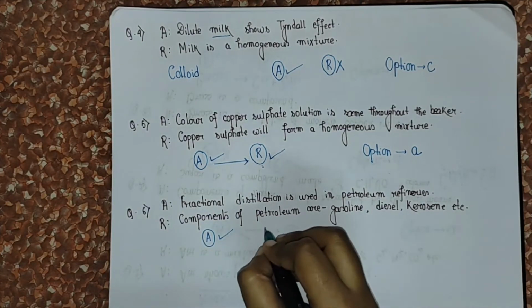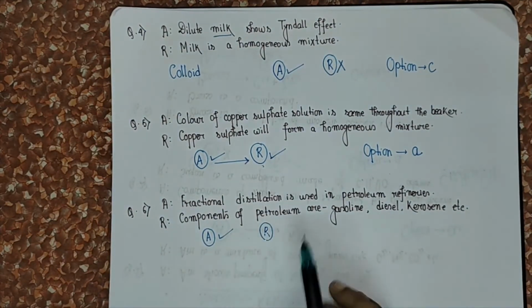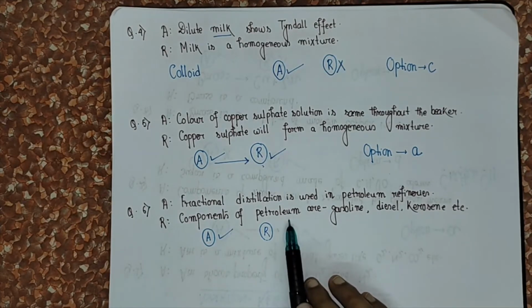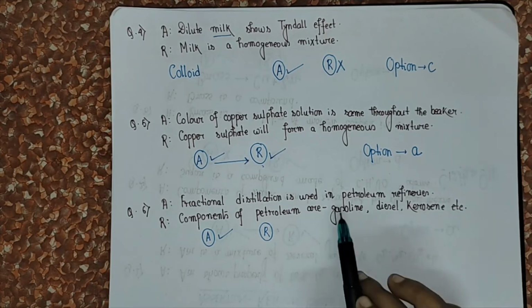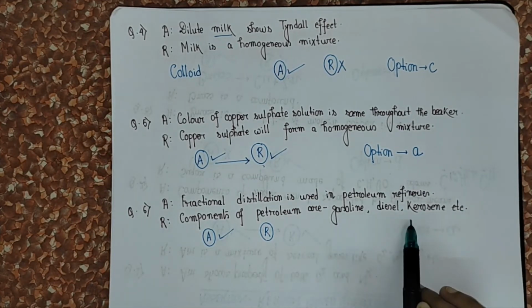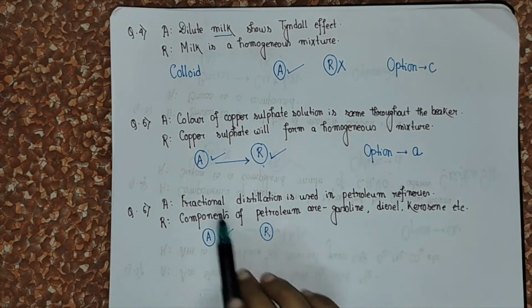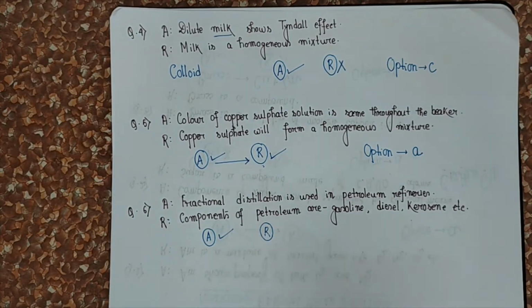The reason is also correct. These are the components of petroleum: gasoline, diesel, kerosene. But just because these are the components of petroleum, we will not use fractional distillation. The main reason why we can use fractional distillation is when the difference in boiling point of the components is less than 25 degrees, then only we can use it.